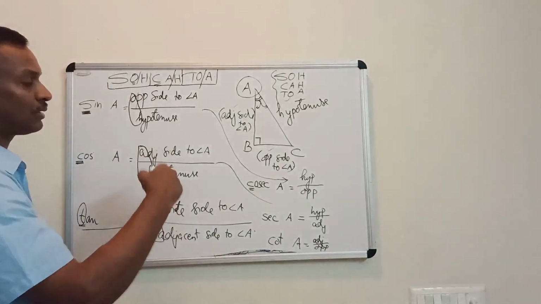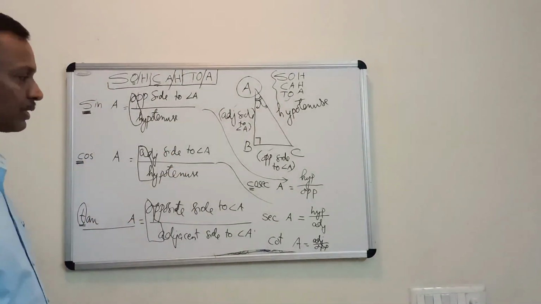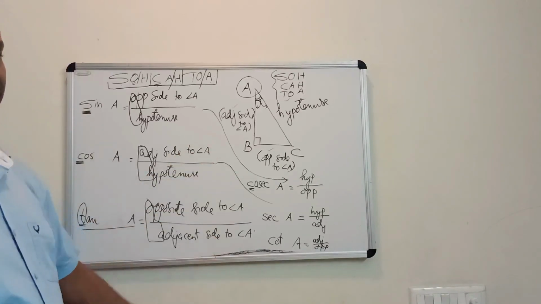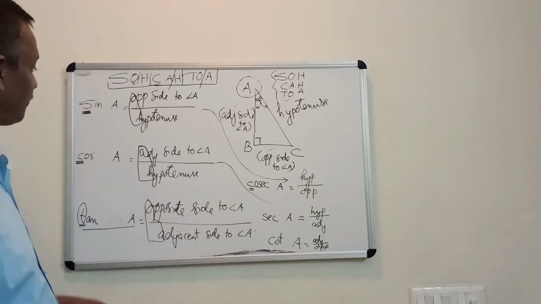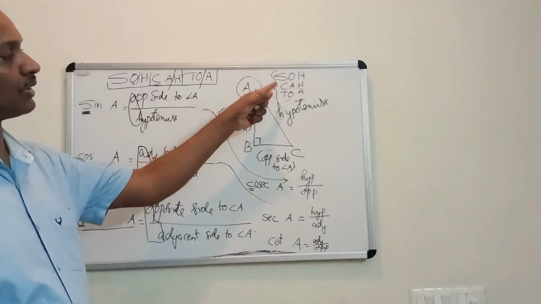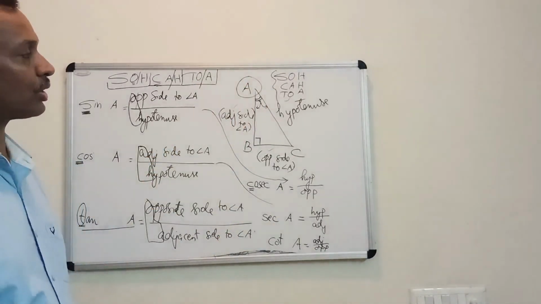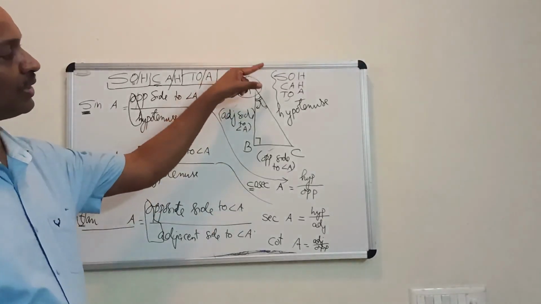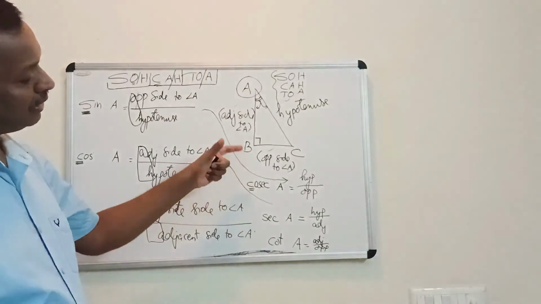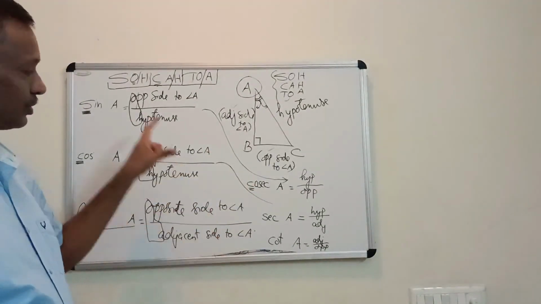So these are the 6 ratios. All of you should remember the sequence in which it is written: sine, cos, tan, cosec, sec, cot. You should say it very fast: sine, cos, tan, cosec, sec, cot. And also you should know this code word SOHCAHTOA. If you know this, you will get sine, cos, tan. And then you should know the last three in sequence.